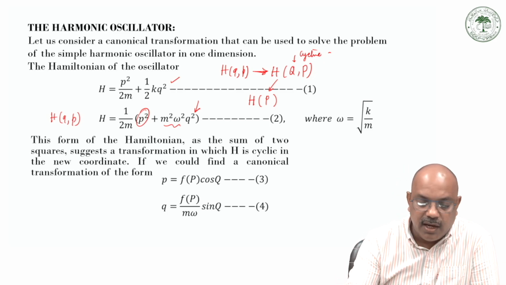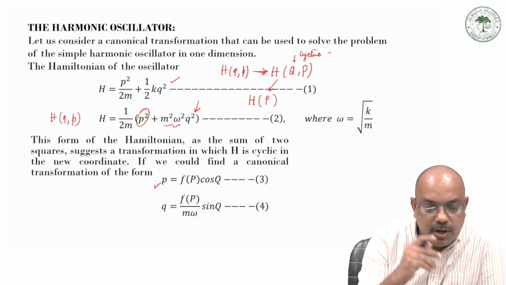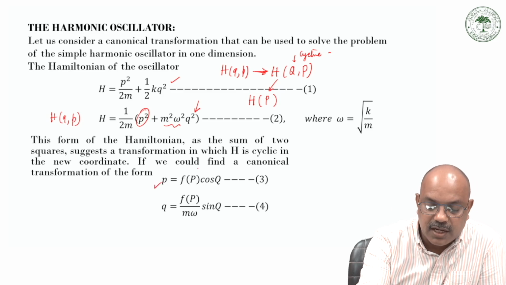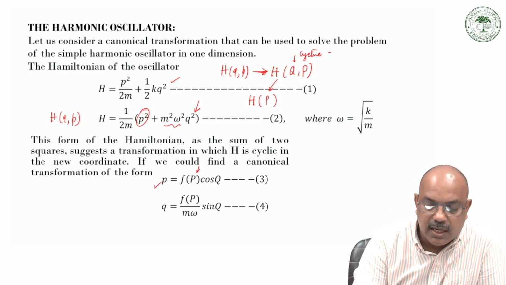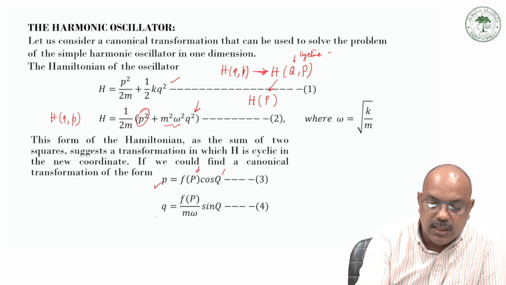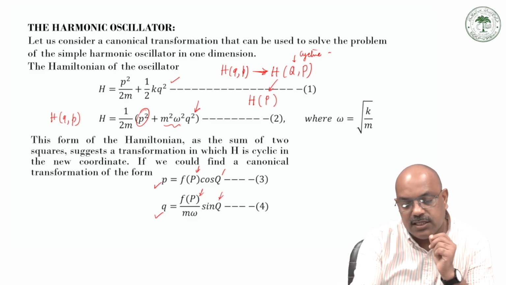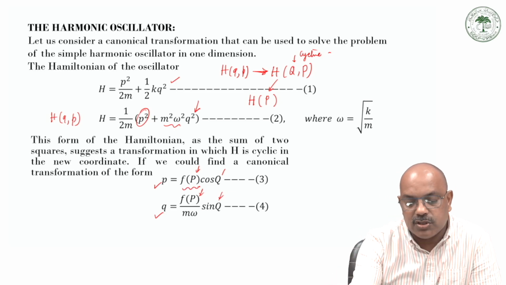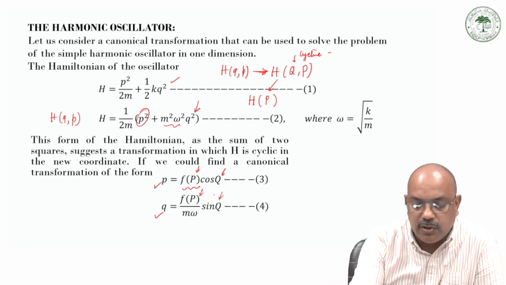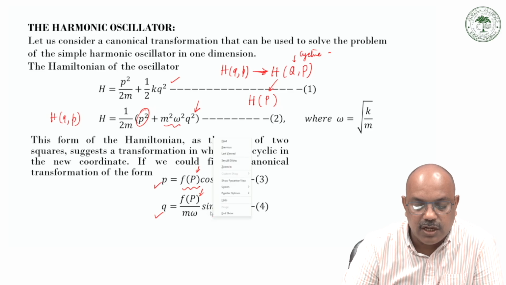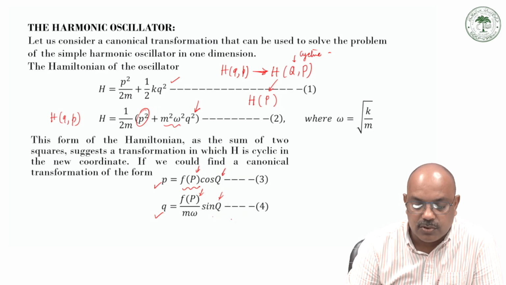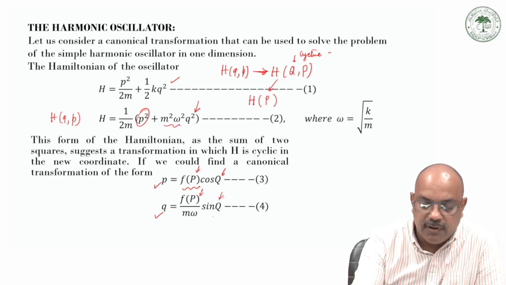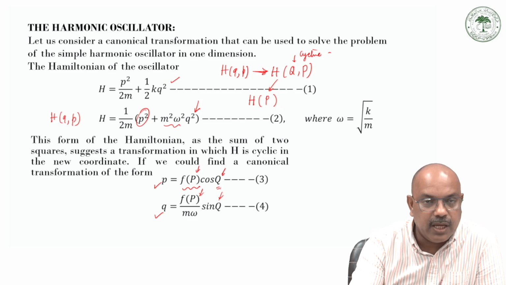So if I write my old coordinate p in terms of some function which depends upon P, and then cos Q, and q in terms of the function of P and sine Q, we need to find this function of P. Because cos square Q plus sine square Q is going to give me 1. So I get rid of the Q from the Hamiltonian.